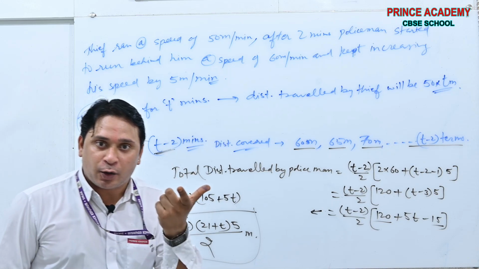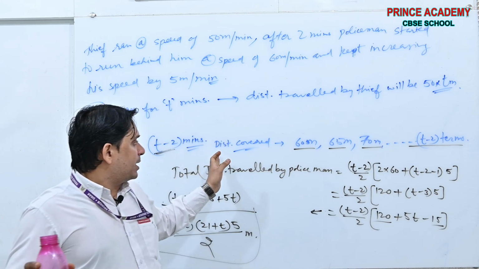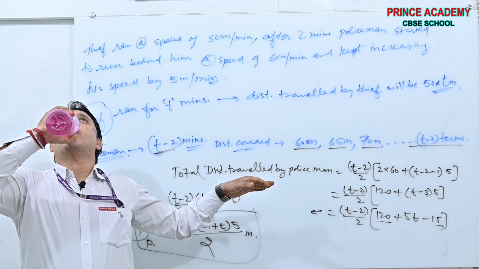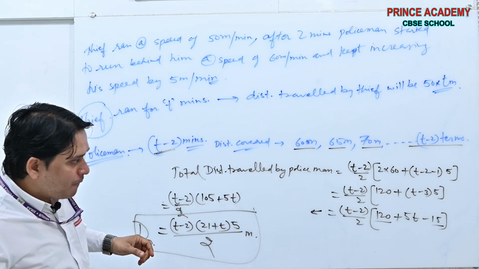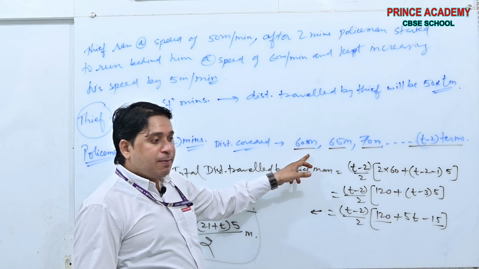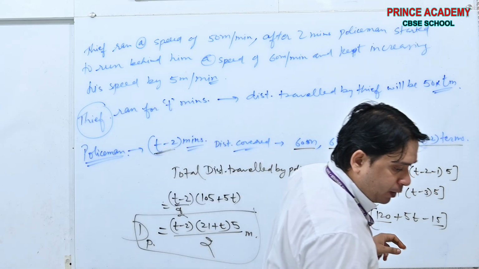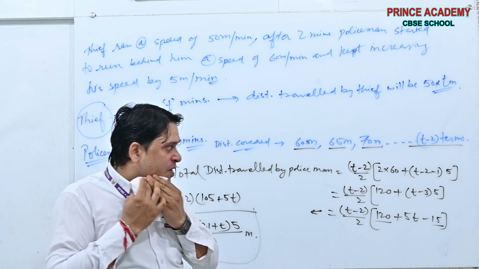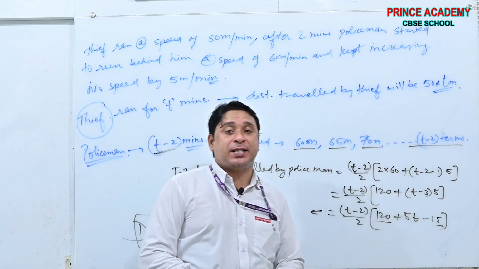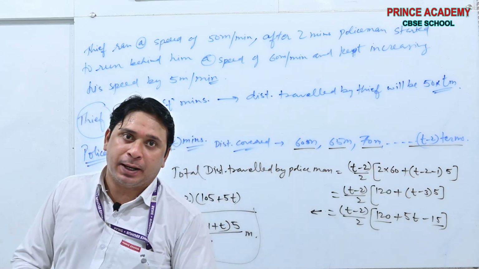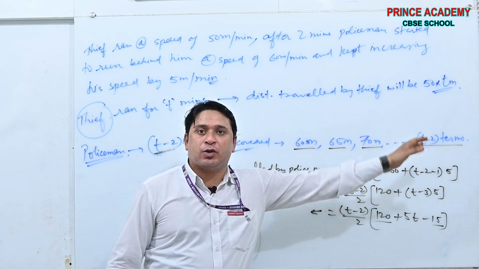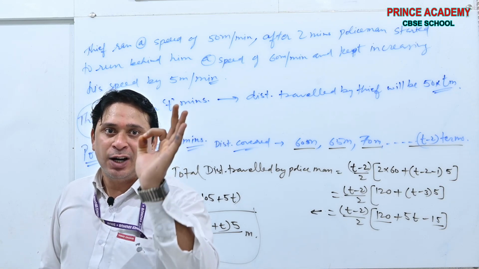T minus 2 minutes, and the distances covered by him were 60 meters, 65, 70, and so on. Okay, and he kept increasing his speed by 5 meters per minute. Therefore, the distance traveled was 60, 65, 70, and so on up to T minus 2 terms.